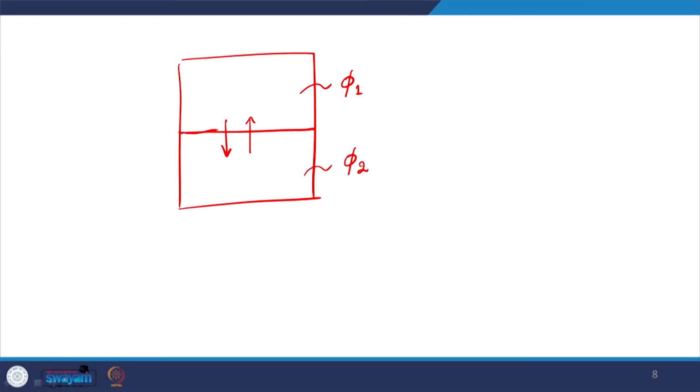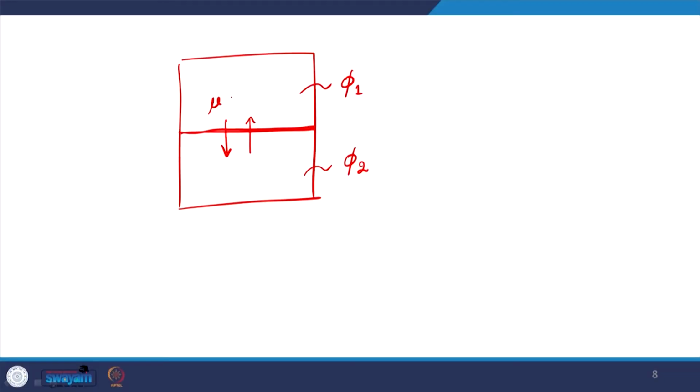Clearly the transfer is going to occur in the direction where the total Gibbs energy is minimized, but in terms of the chemical potential, it is driven by the gradient of the chemical potentials.